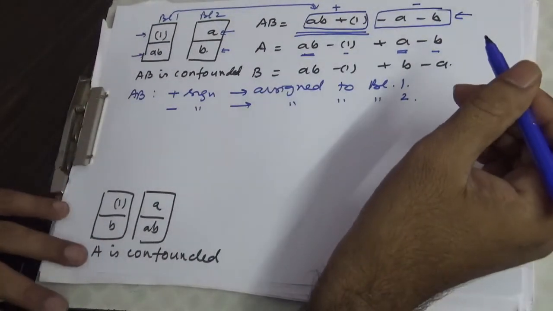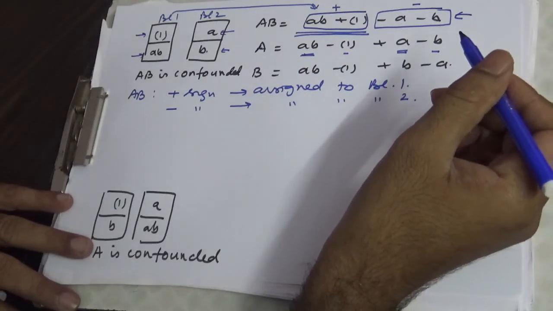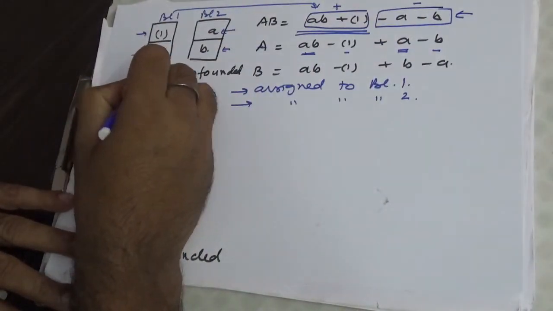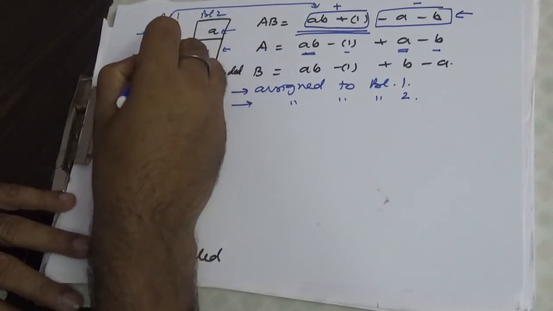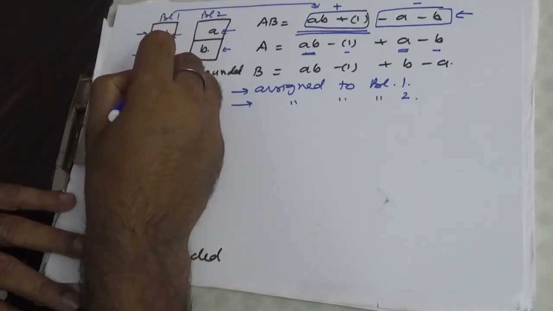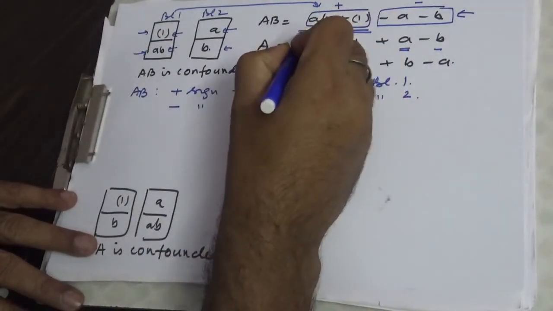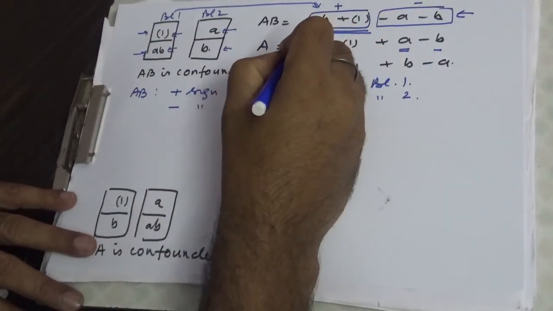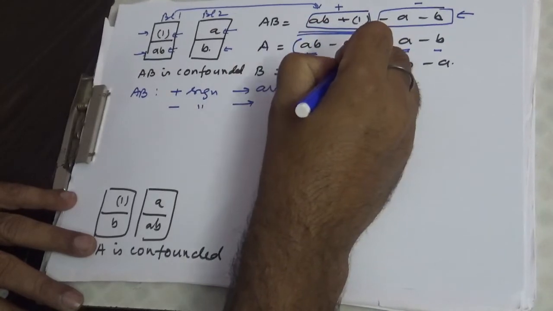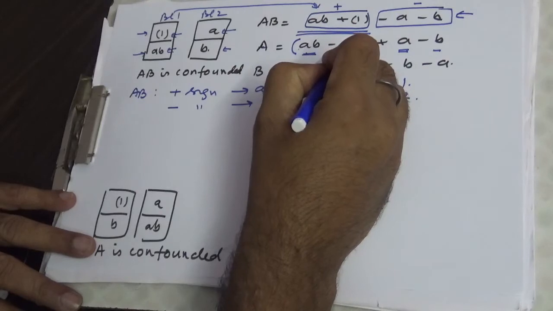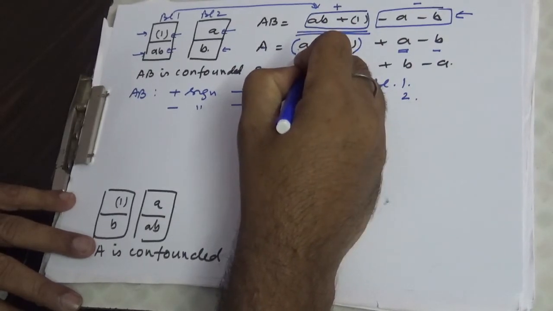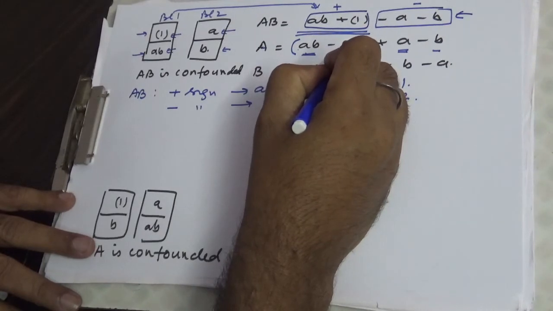In block 1 there are two treatment combinations, 1 and AB, and in the factor A, AB is with positive sign and 1 is with negative sign.